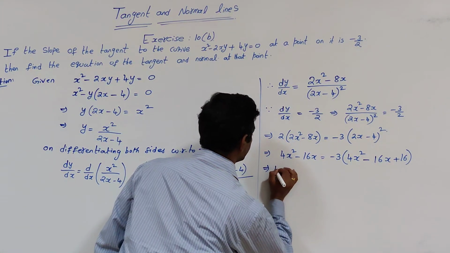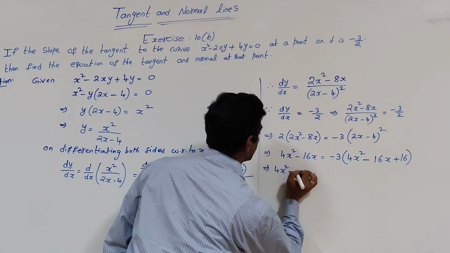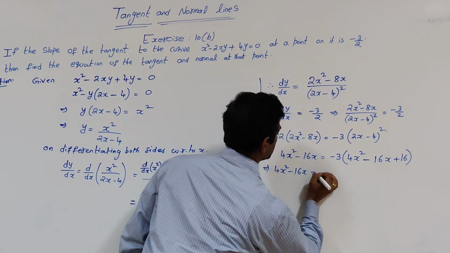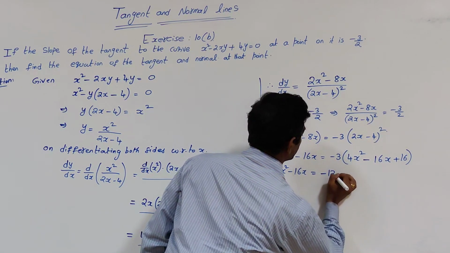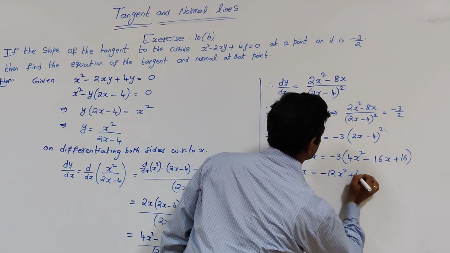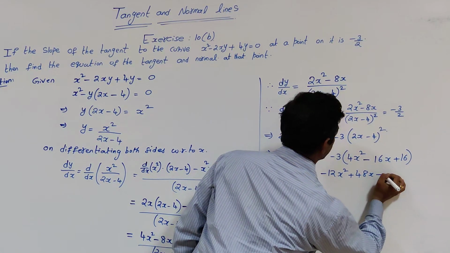Further simplifying, 4x square minus 16x is equal to minus 12x square plus 48x minus 48.